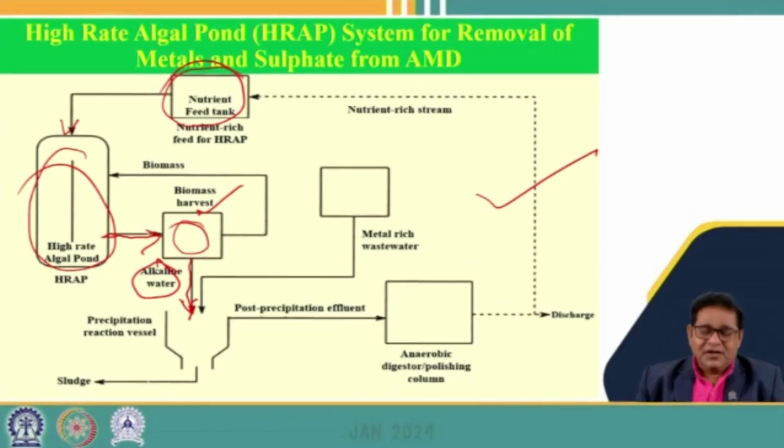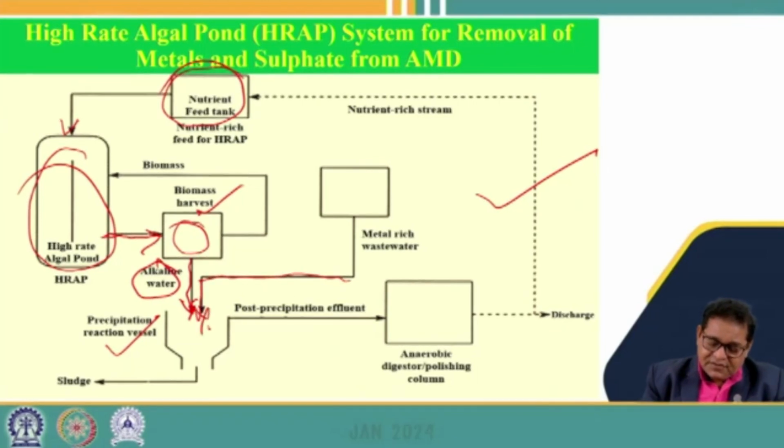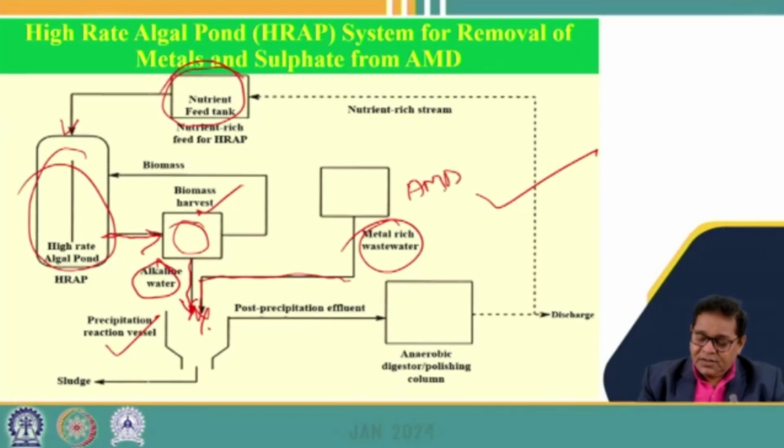So this is added in a precipitation reaction vessel where this alkaline water is mixed with this metal rich wastewater. So this is basically the acid mine drainage that we can take, and here the alkaline water and this metal rich wastewater are mixed.